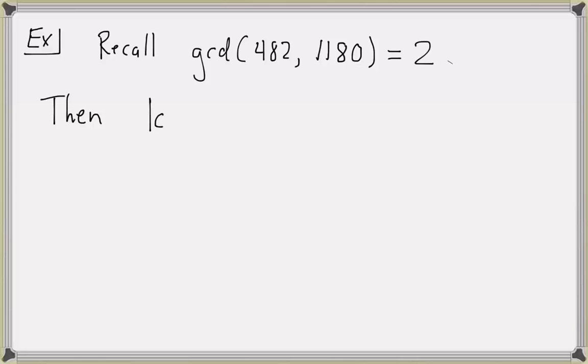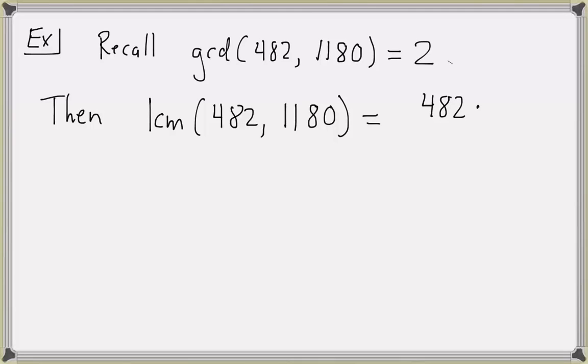The least common multiple of 482 and 1180 equals 482 times 1180 divided by their greatest common divisor, which is 2. This equals 284,380.